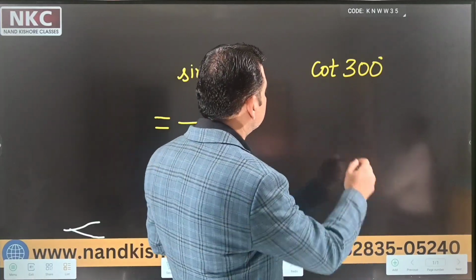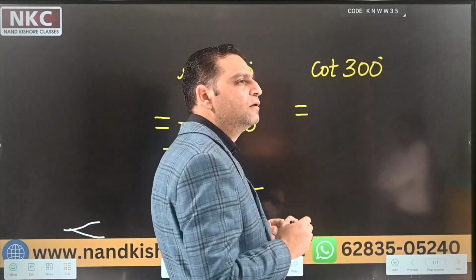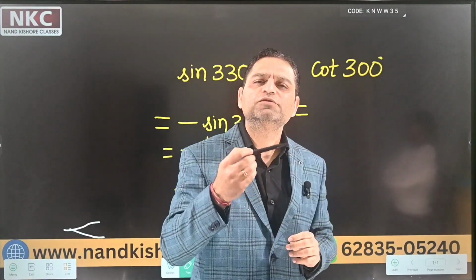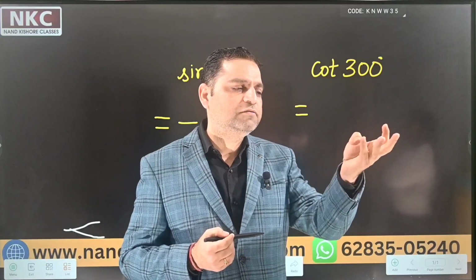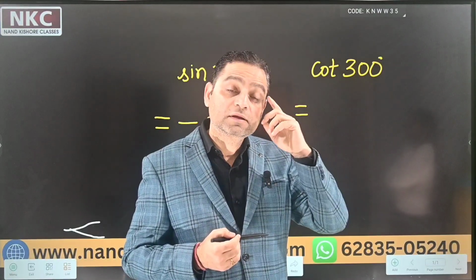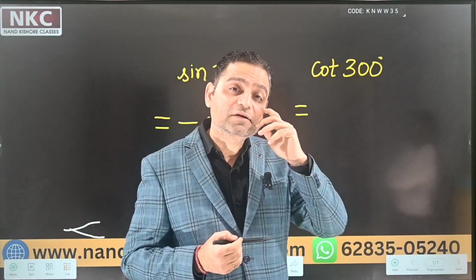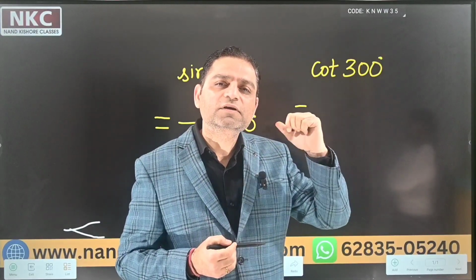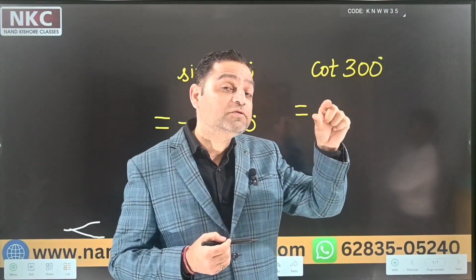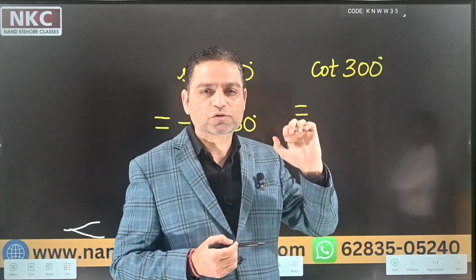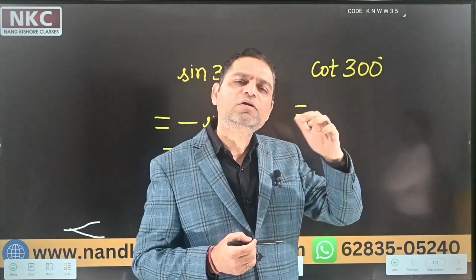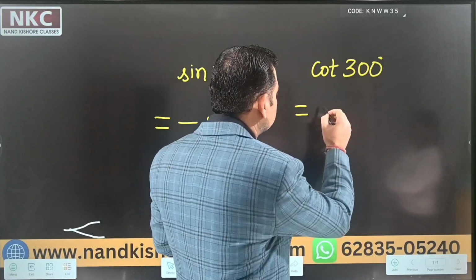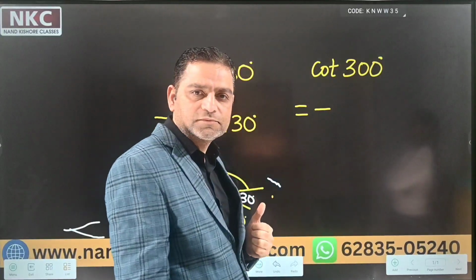If it comes in the fourth quadrant, now check what the sign is, positive or negative. After school to college. In the fourth quadrant, college is coming. College means cosine. The reciprocal of cosine is secant. That means cos and secant are positive in the fourth quadrant. All remaining are negative. So take its answer as negative then.